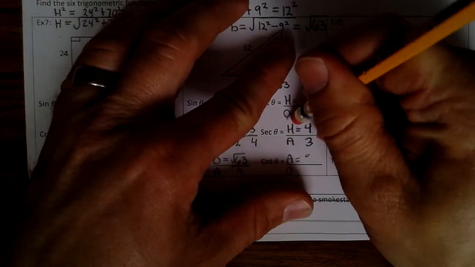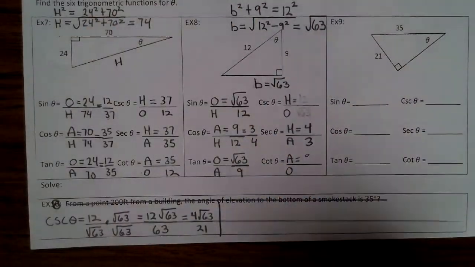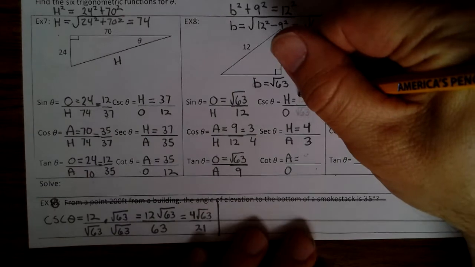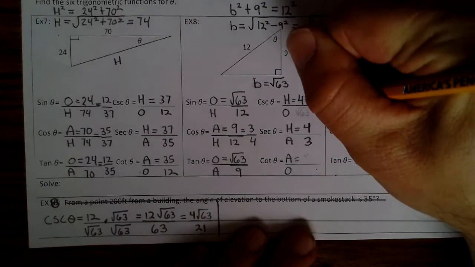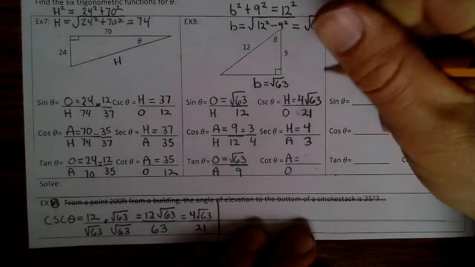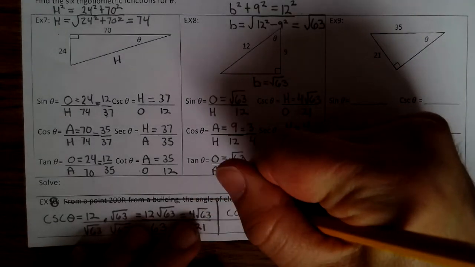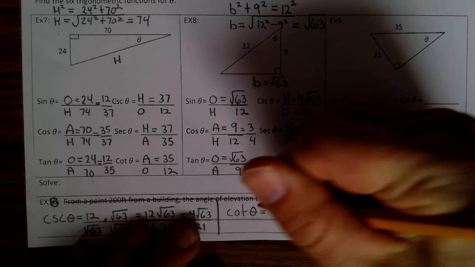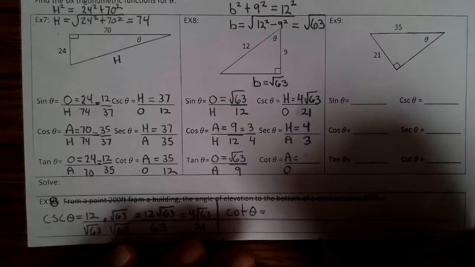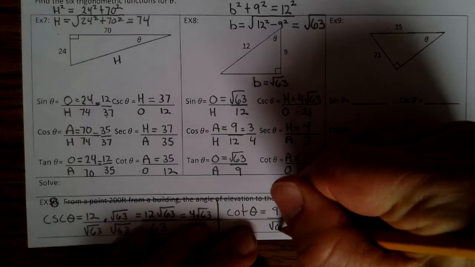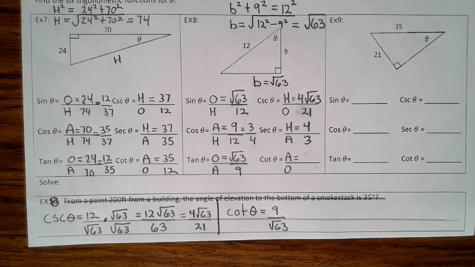Let's come down here to do cotangent of theta. So we know it's 9 divided by square root of 63. But again, we need to multiply that by square root of 63 over square root of 63.